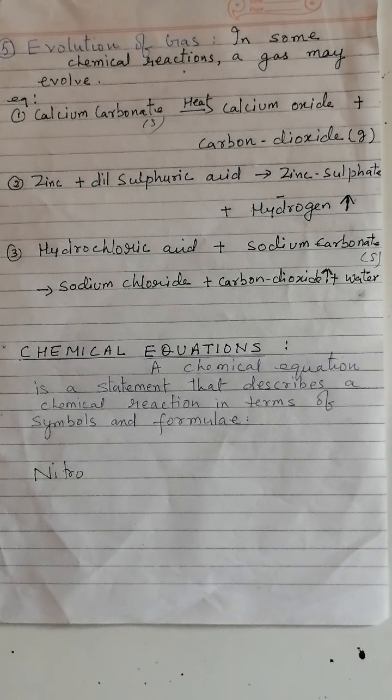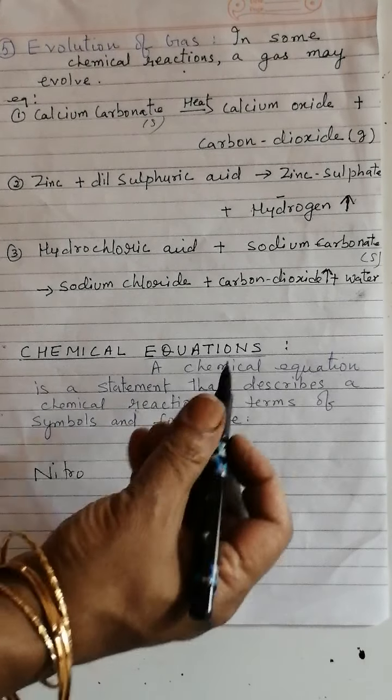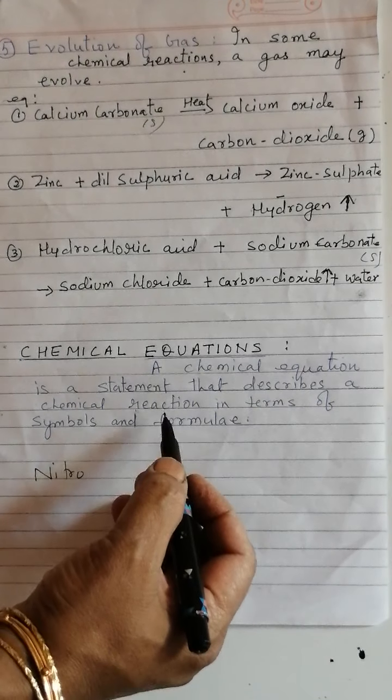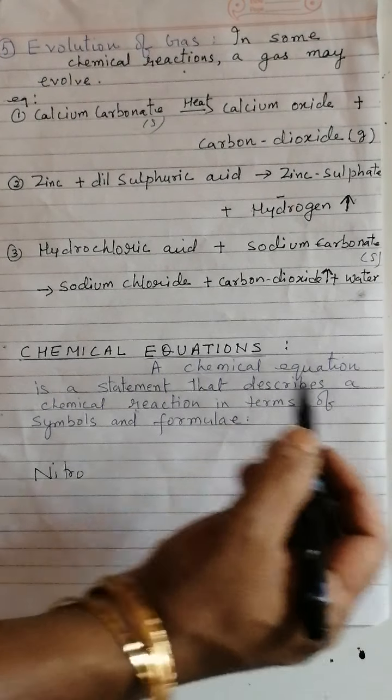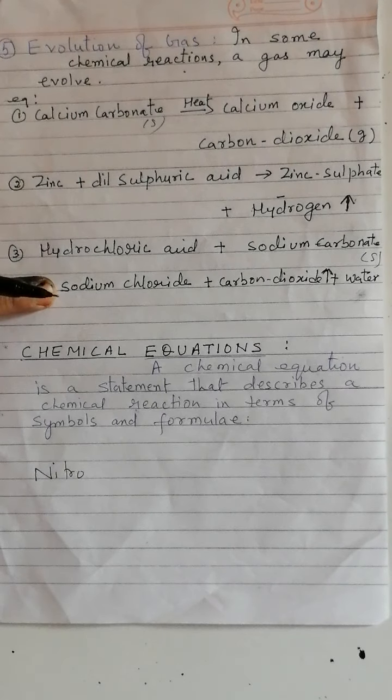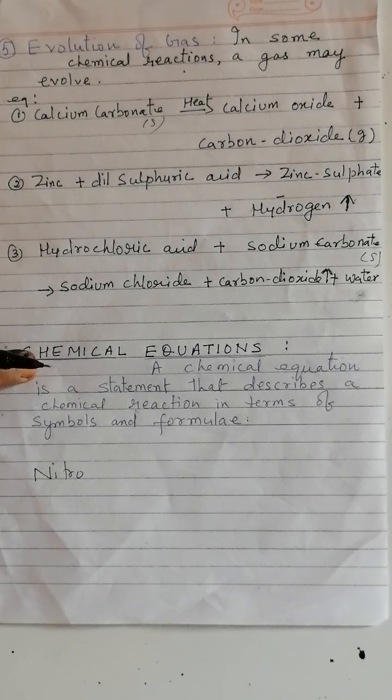What is a chemical equation? A chemical equation is a statement that describes a chemical reaction in terms of symbols and formulae. That means for writing all these chemical reactions, we can represent them in a simple way by writing their formulae and symbols.